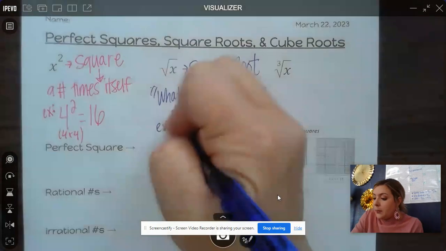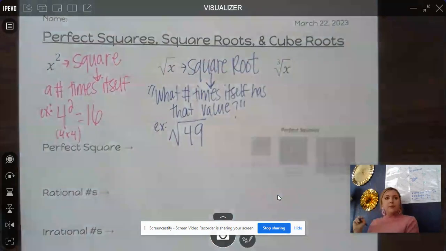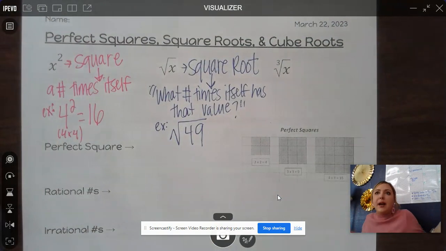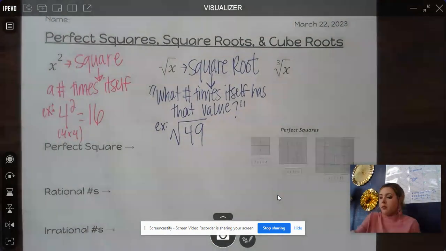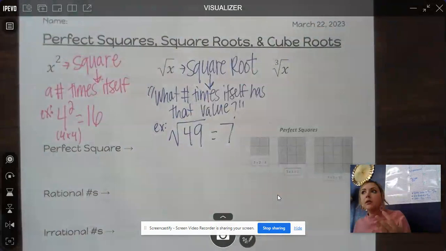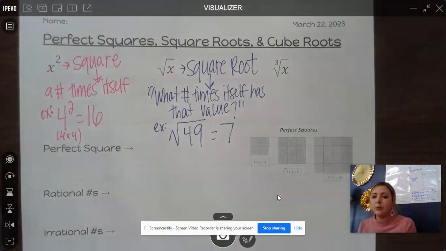So my example here is the square root of 49. Okay? I'm going to ask myself, what number times itself has the value of 49? And the answer is 7. Not 7 squared. I'm just getting the absolute value of that square root.